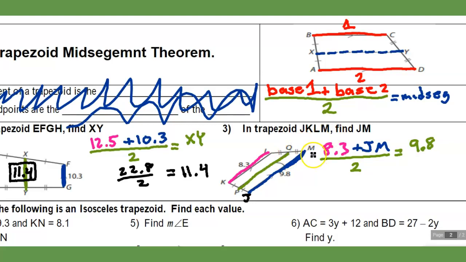Start off by just multiplying both sides by 2. Right, so we have a 2 times 2 here, divided by 2 here, so the 2 divided by 2 cancels out. And now we're just left with 8.3 plus JM equals twice of 9.8, which is 19.6.